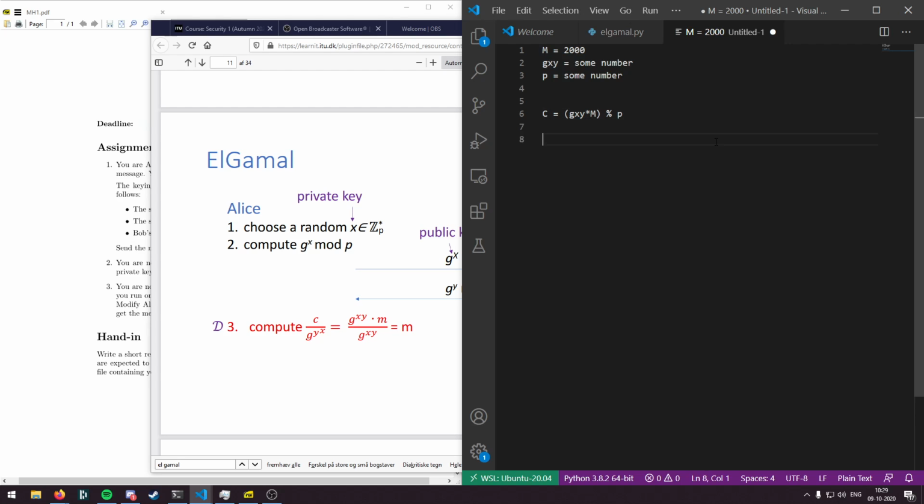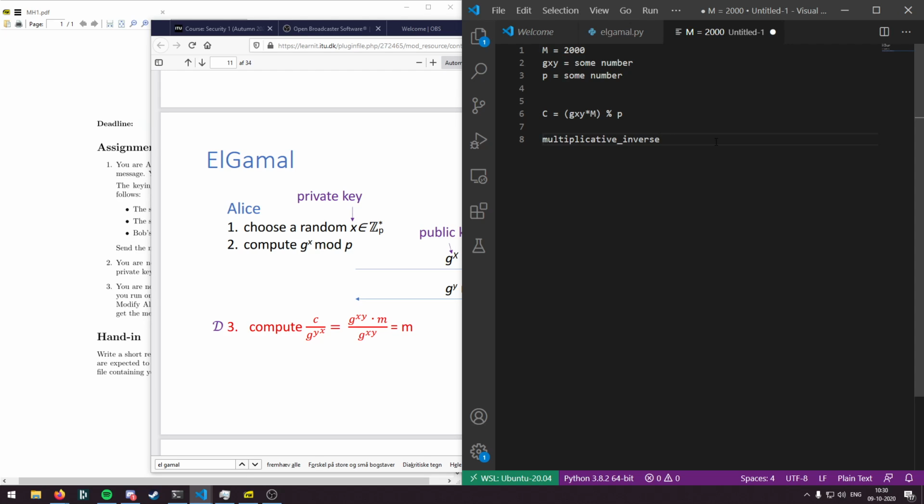And what is that? The multiplicative inverse is the number that we need to multiply gxy with under modulo p where we get 1.